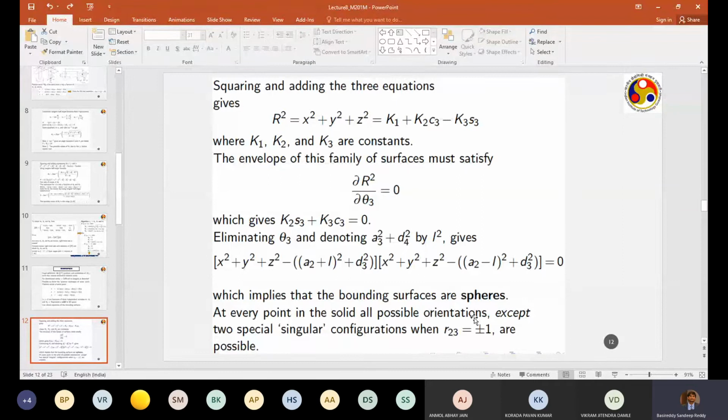Now, has anyone of you heard the word singular before? Yes, sir. Where have you heard it? In the case of black holes, we have studied where the normal laws fail to explain things.